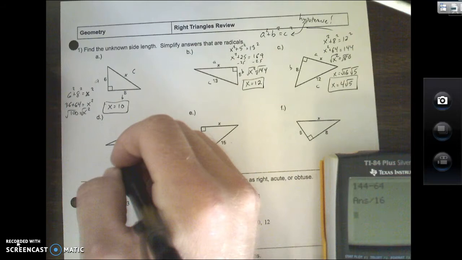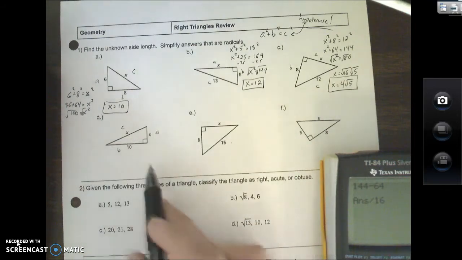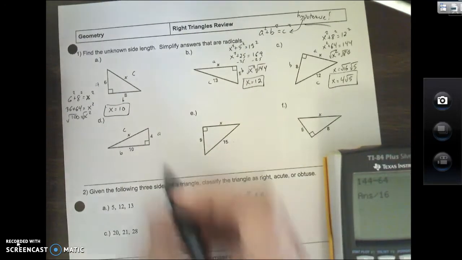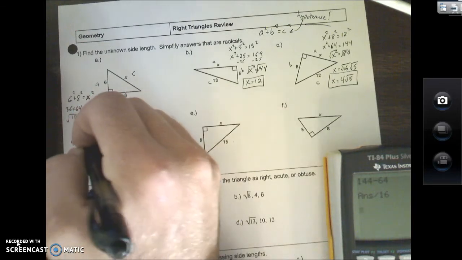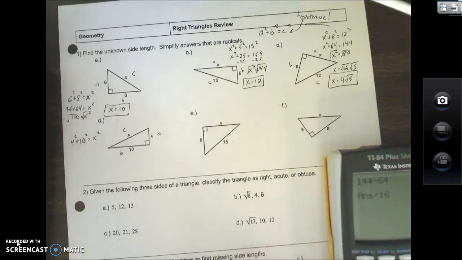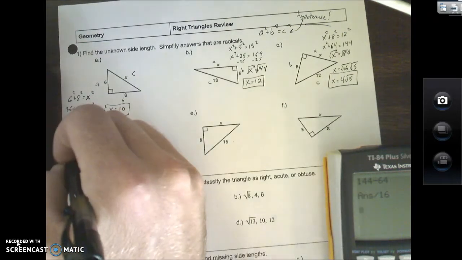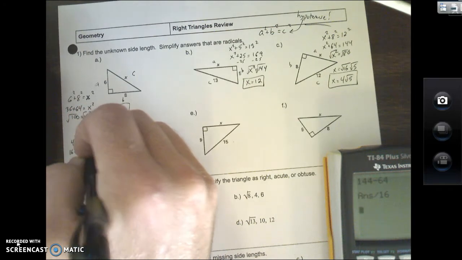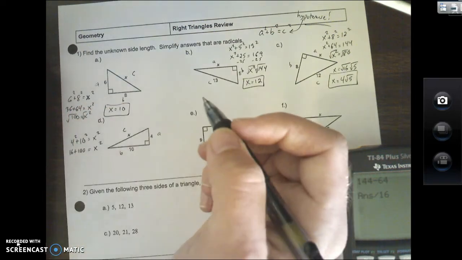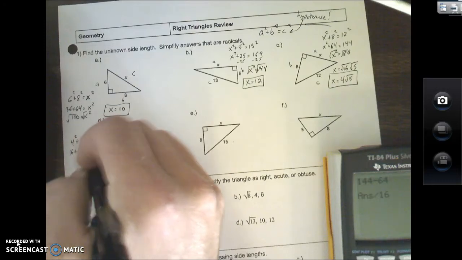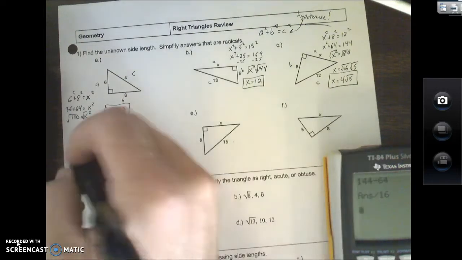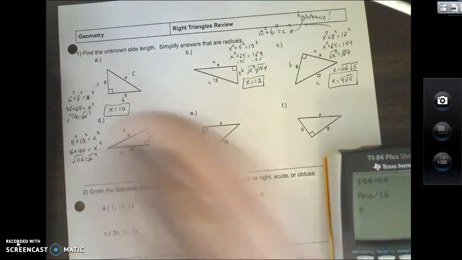Here's an A, here's a B, here's a C. Again, the hypotenuse is always across my right angle. So we're looking at 4 squared plus 10 squared equals x squared. 16 plus 100 equals x squared. 116. The opposite of squaring is to square root.